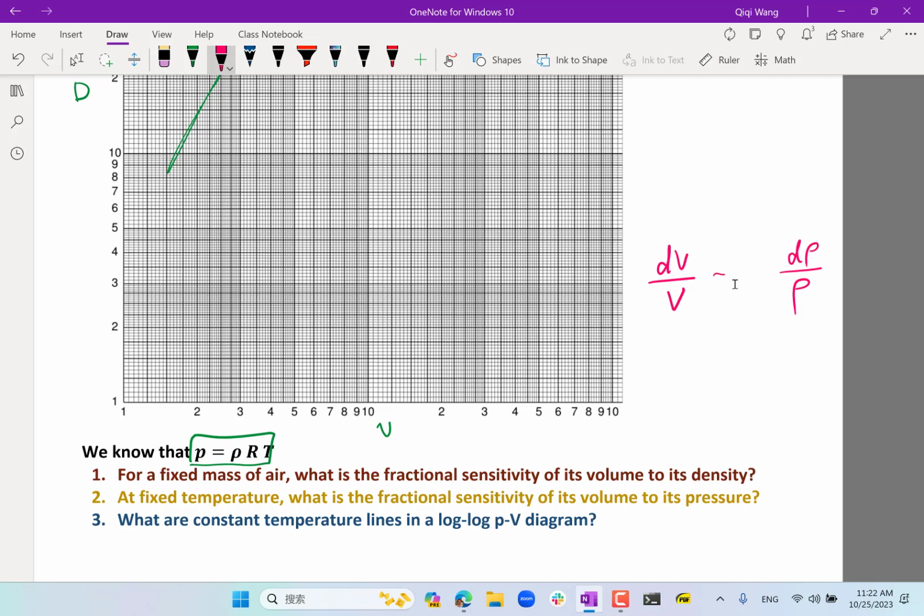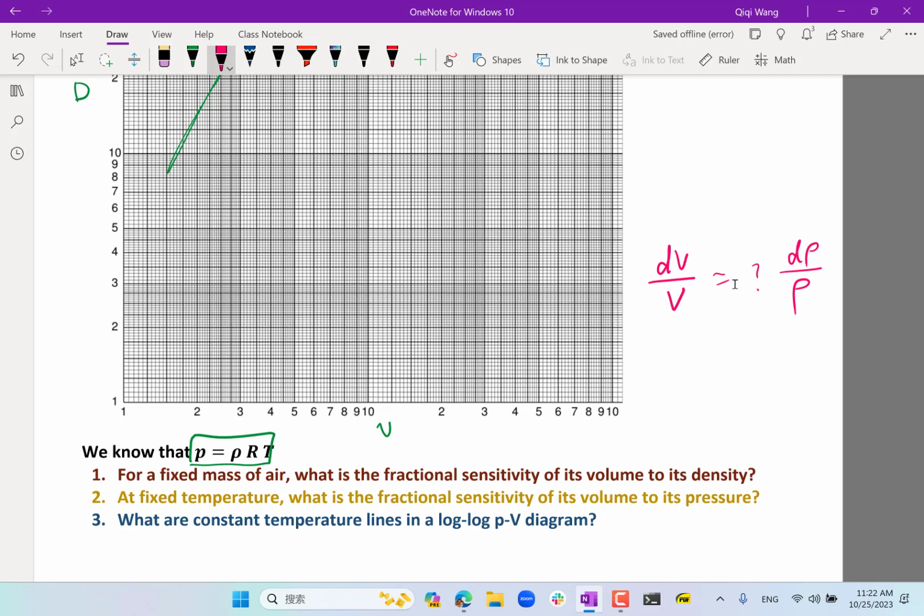So what is the question mark? What equation do we use? We have a fixed mass. So mass is constant.